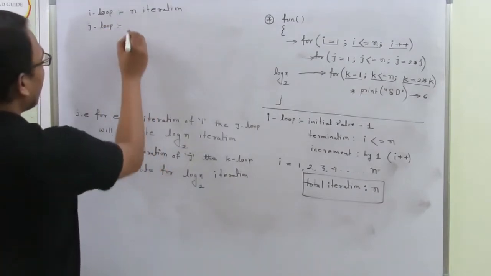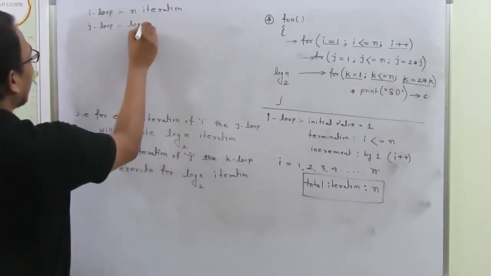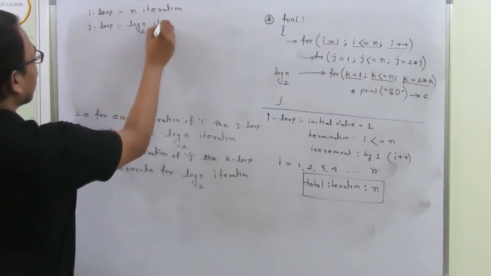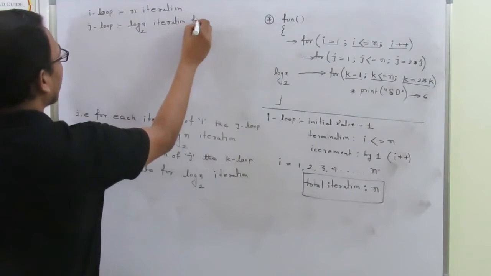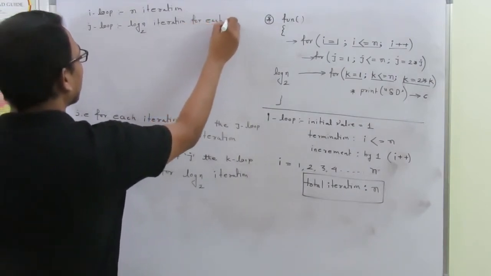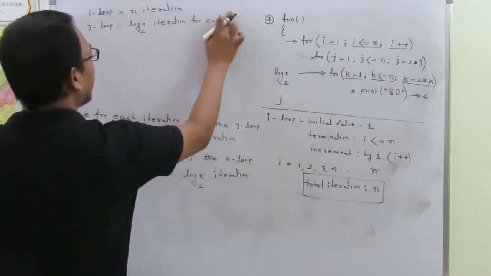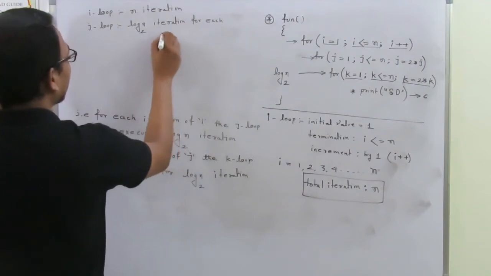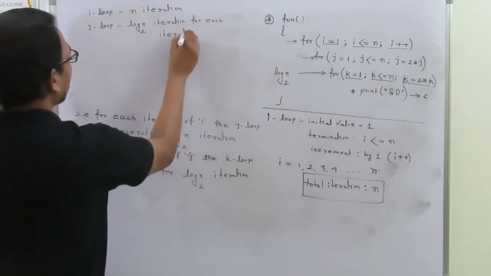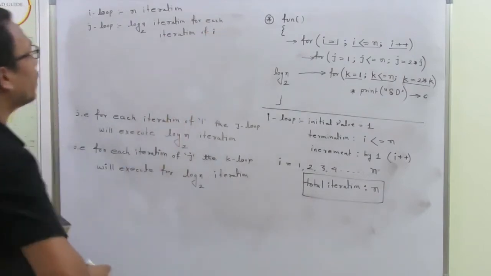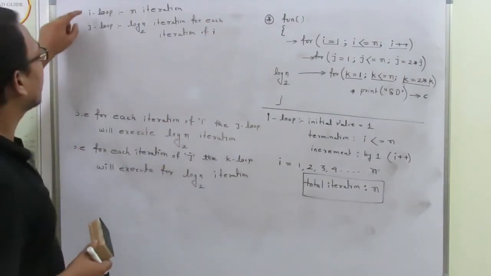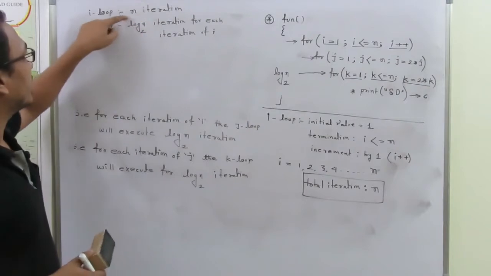We have log n base 2 iterations for each iteration of i. And for i we have total n iterations.